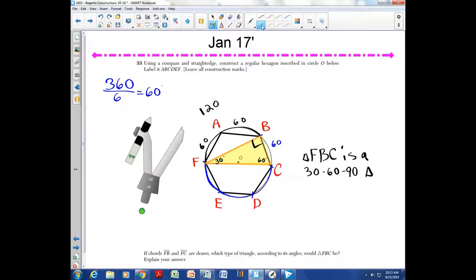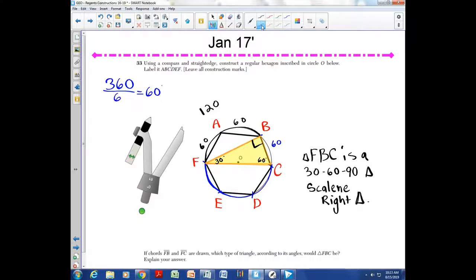That would make it a scalene right triangle. And explain your answer. Well, the explanation would be exactly what I have just talked about, the inscribed angle, right? So your explanation would be explaining how each of those angles is inscribed.